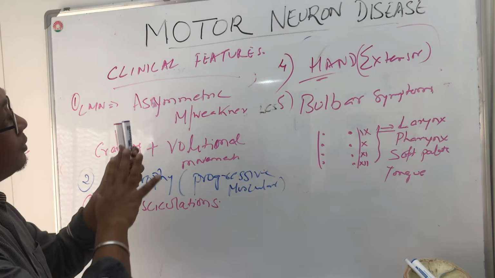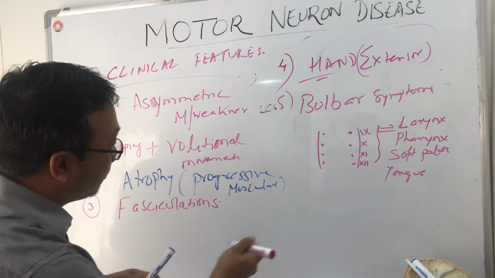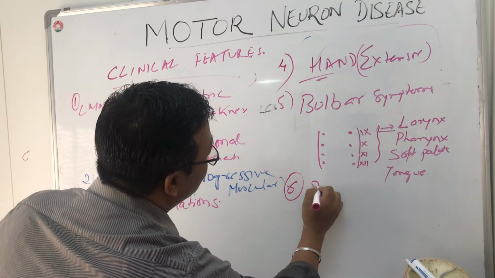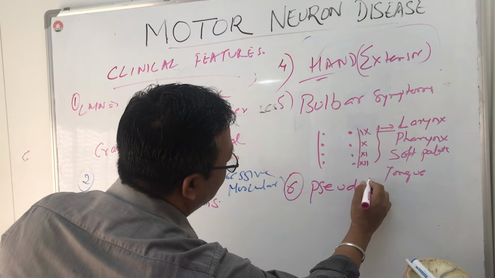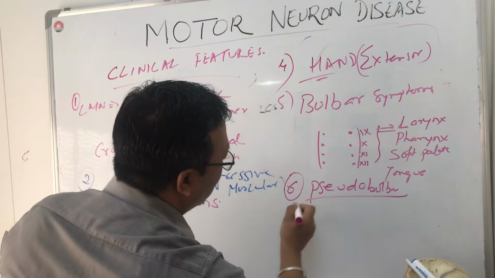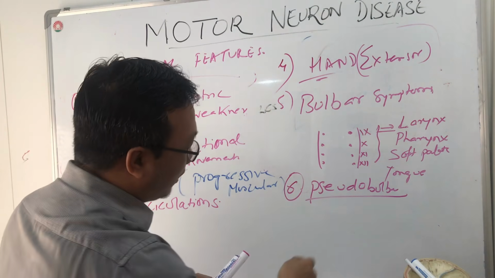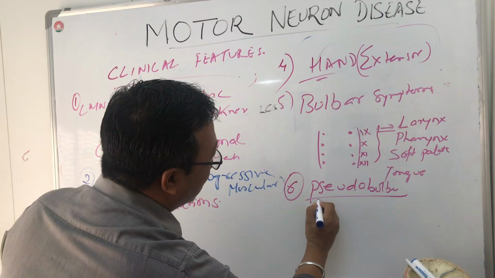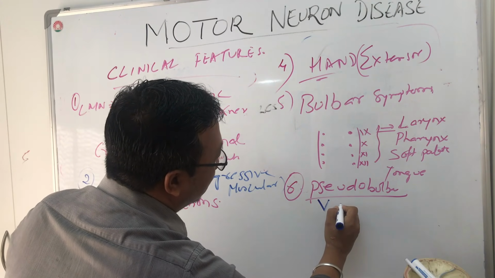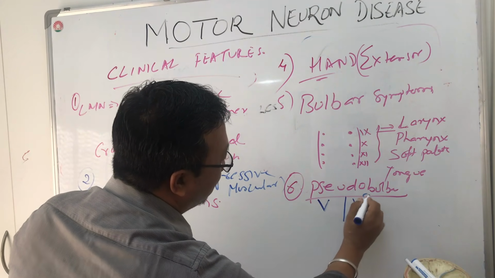Along with bulbar, when it progresses more, there can be pseudobulbar paralysis. Pseudobulbar symptoms can also be there. So we know pseudobulbar is when, along with 9, 10, 11, 12, there is involvement of the 5th nerve or 7th nerve, the facial nerve.